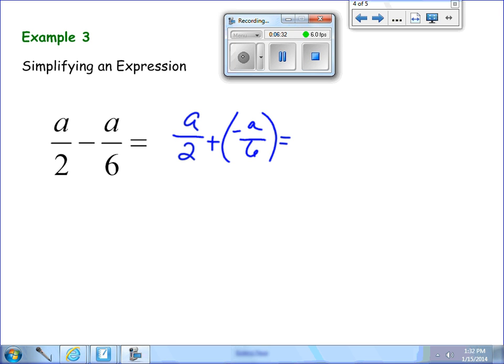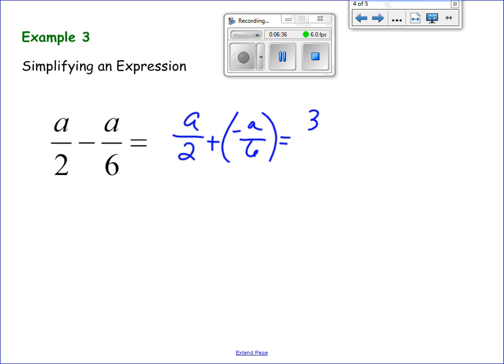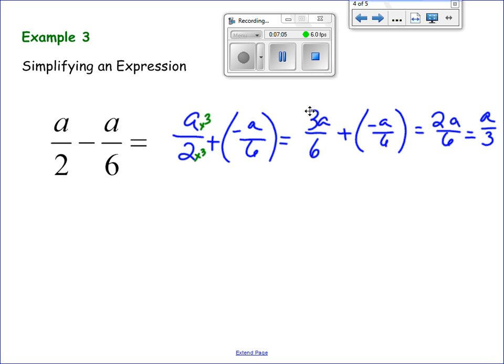So now a to the second power will now change to 3a over 6 because we multiplied the numerator and denominator by 3, which gave us 3a over 6. Then we'll again add our opposite. 3a minus a is equal to 2a over 6. Simplified, our final answer will equal a over 3 because the 2 and the 6 have a common factor of 2.